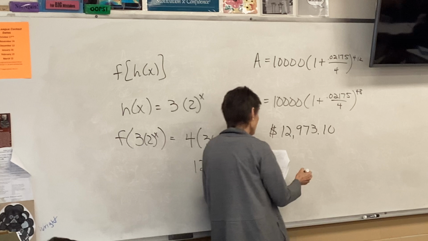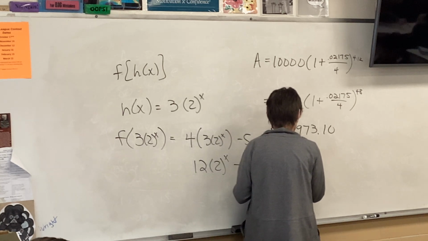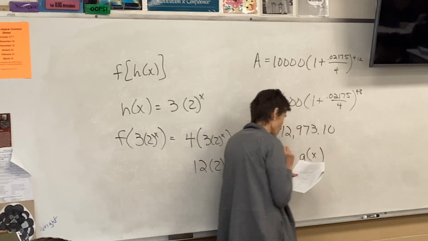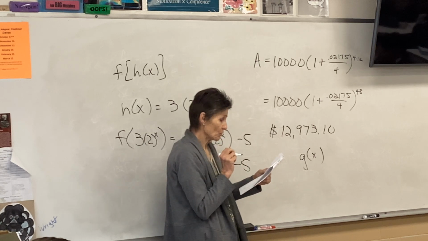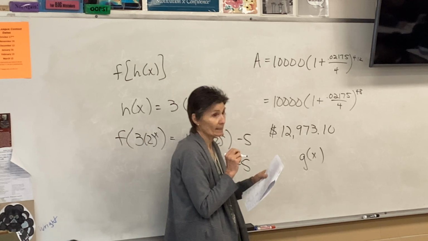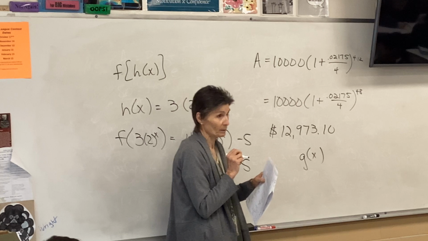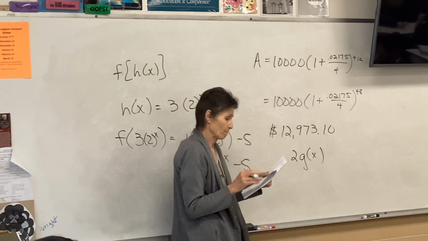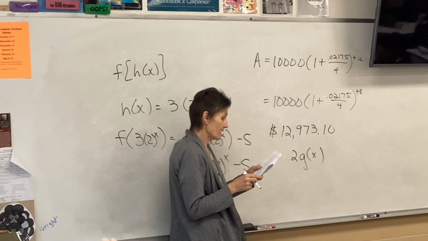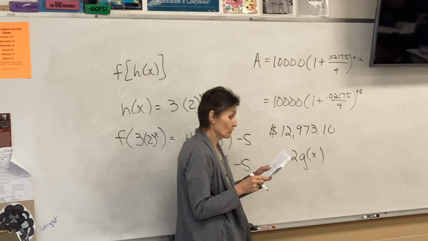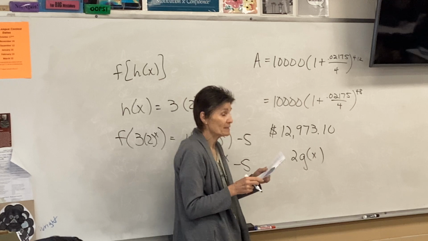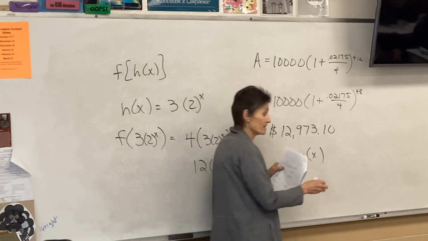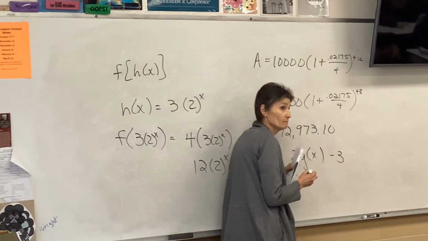Alright, so I'm taking my g function. Okay, here's my g function. And I'm doing something to it. It has a vertical dilation, that means it's a multiplier, it's a stretcher. Verticals for the out in front. It has a vertical translation, that means literally picking it up and moving it, down 3.